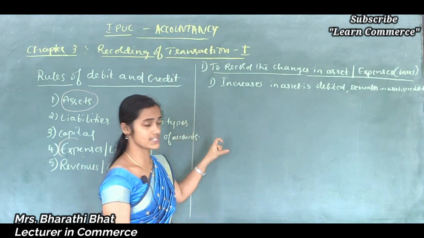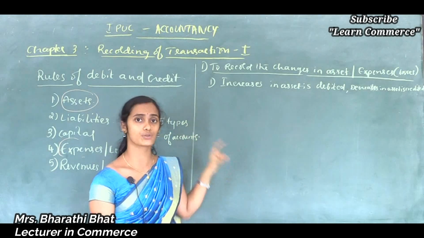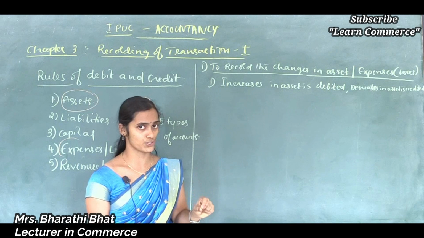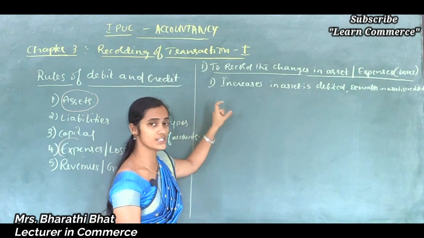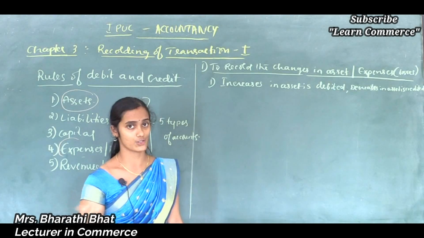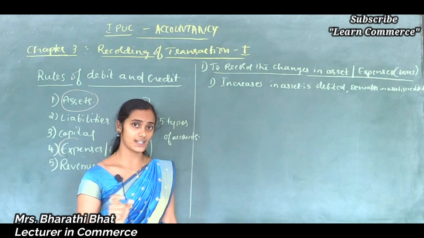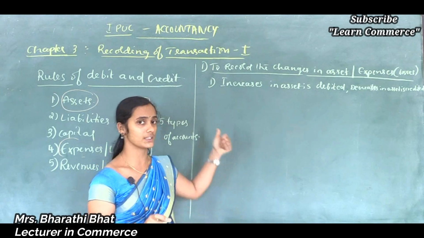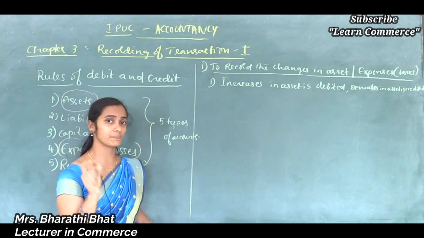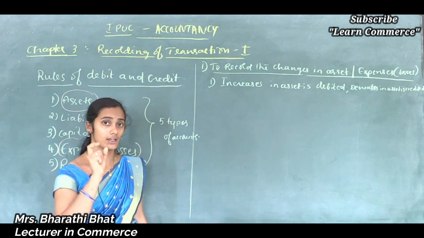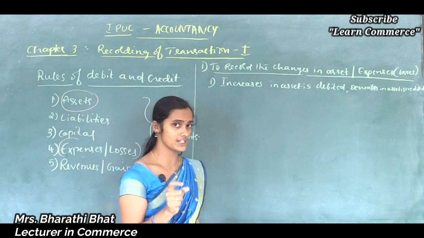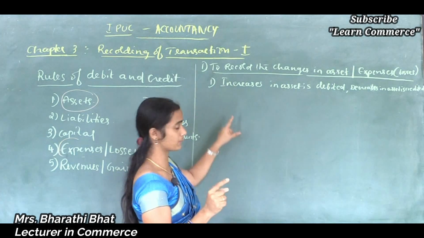We need to understand and learn these rules to record the transaction or to pass the journal entries in the books of accounts. Without knowledge of these rules, we cannot pass the journal entries in the books of accounts. Passing journal entries is a very important concept in accountancy, and from the exam point of view, 12 marks questions are there from this part.